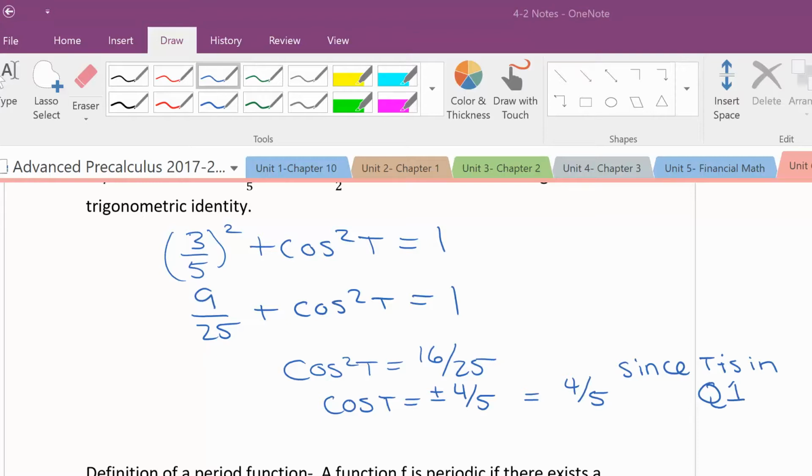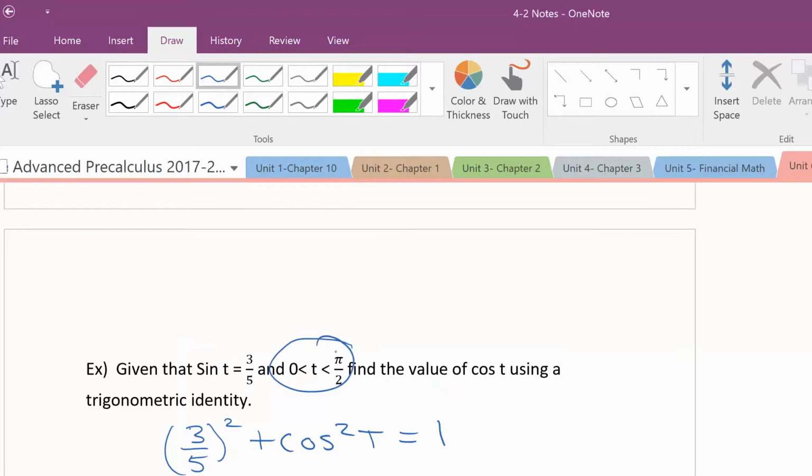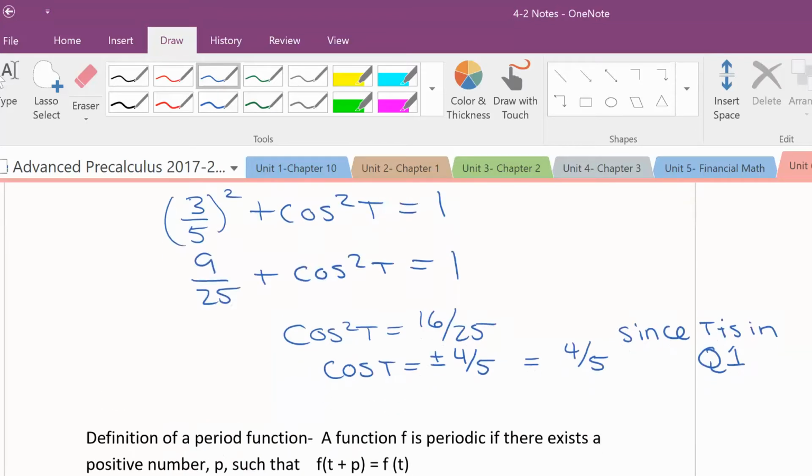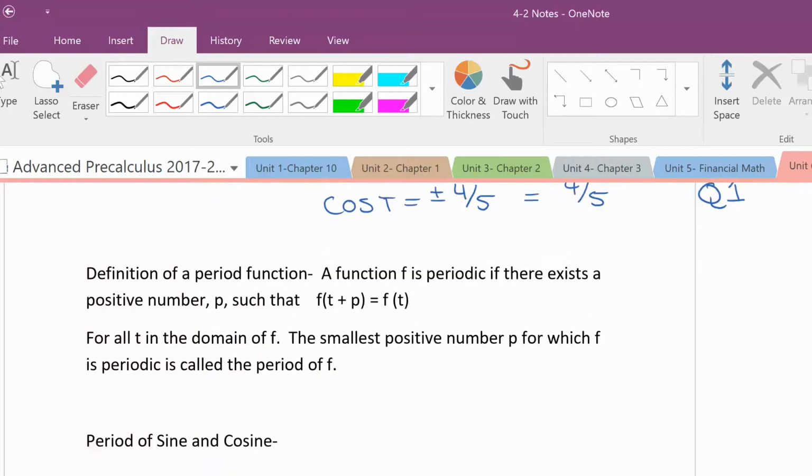If you subtract 9/25 from 1, you get 16/25. Then you take the square root, you get plus or minus 4/5. But since it says that it's between 0 and pi over 2, that is in the first quadrant. So that means it's positive, which means it's 4/5.